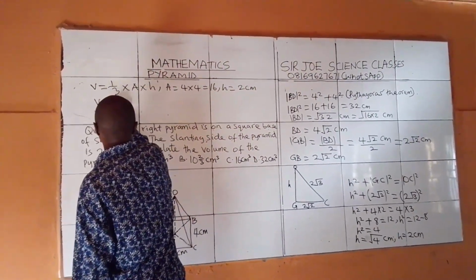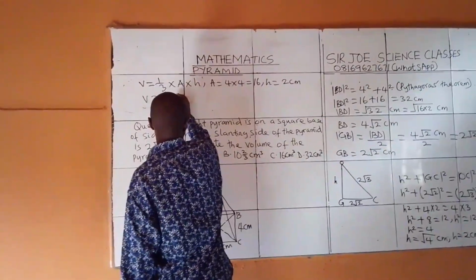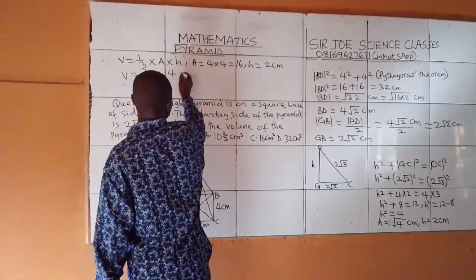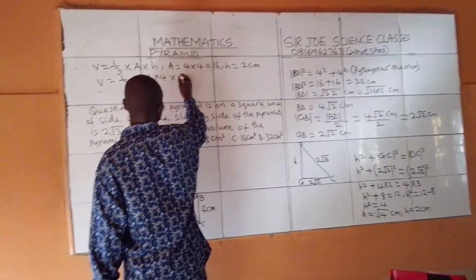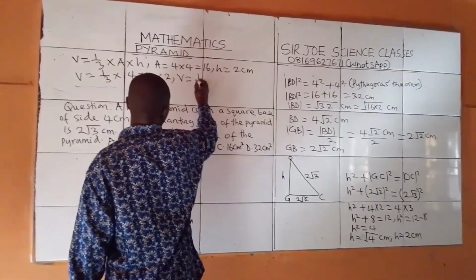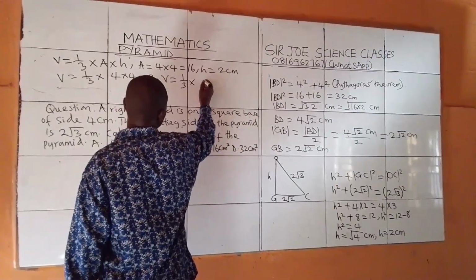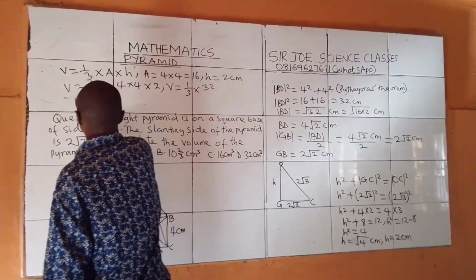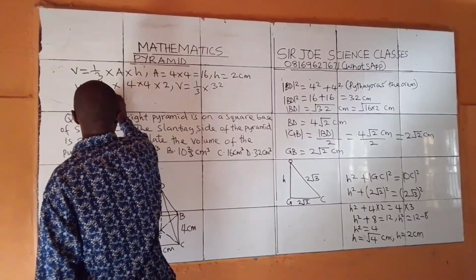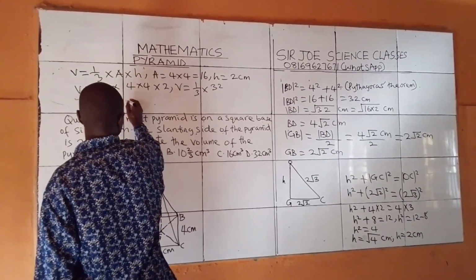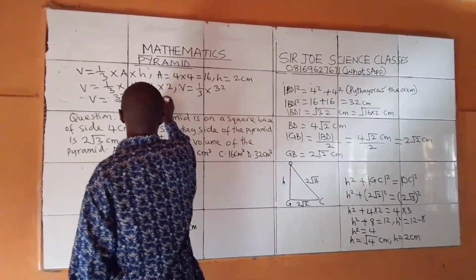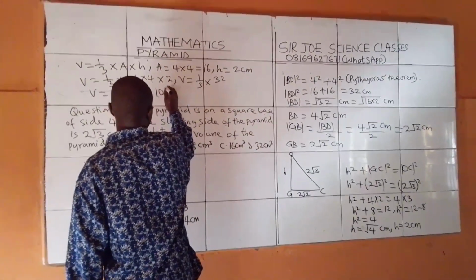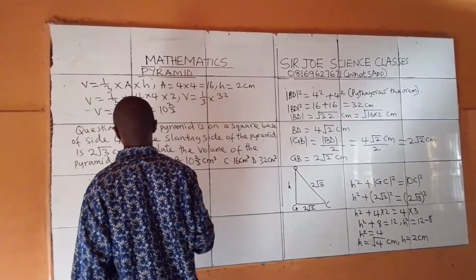So we substitute. V is equals to 1/3 times 4 times 4, then times h, which is 2. So we now have V is equals to 1/3 times 32. V is equals to 32 over 3, which is 10 2/3.